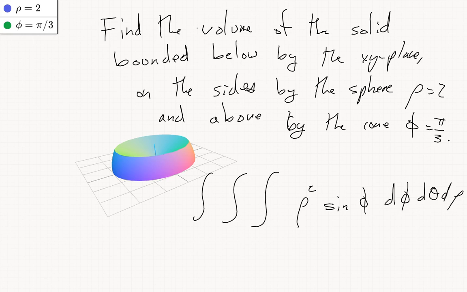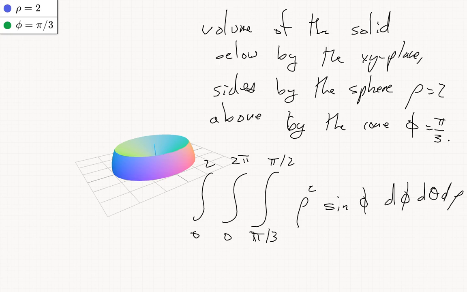So our bounds for phi are going from pi over 3, so the top of our cone, to the xy plane, which is pi over 2. Theta again is going from 0 to 2 pi, and rho, the radius, is going from 0 to 2.